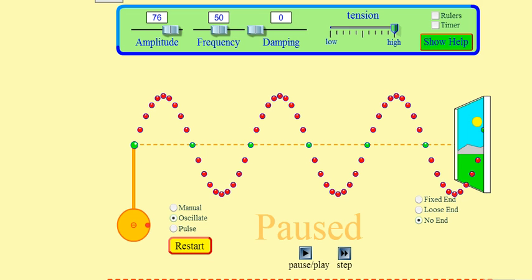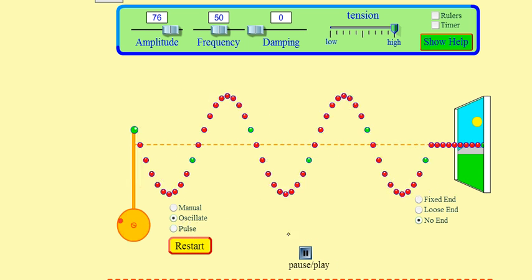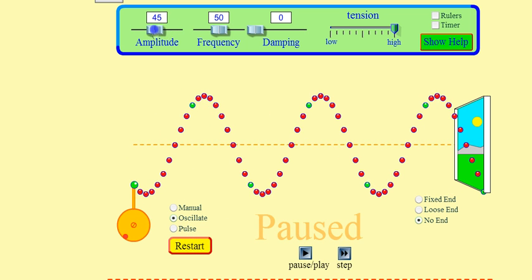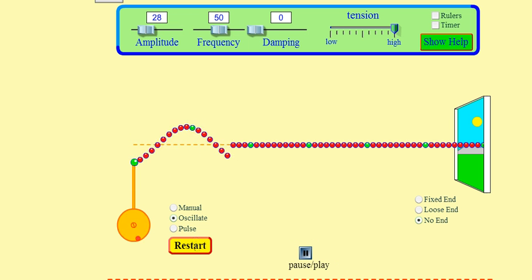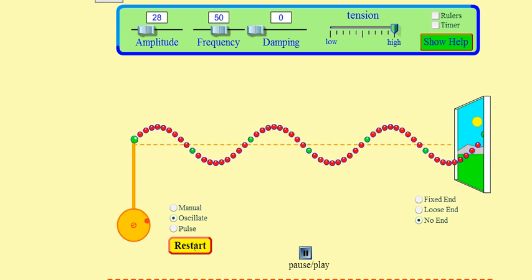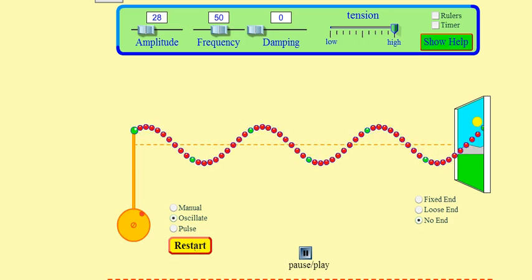And if I go back to my applet here, you can see that equilibrium is this dotted line that goes across. So then the amplitude would be the height of this guy. And so if I, whoops, let me turn that amplitude down a little bit, and so you can see that the height is a lot less.